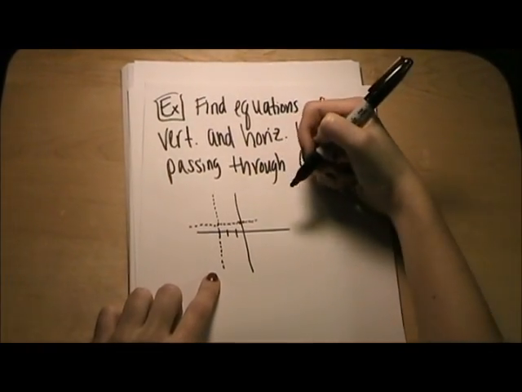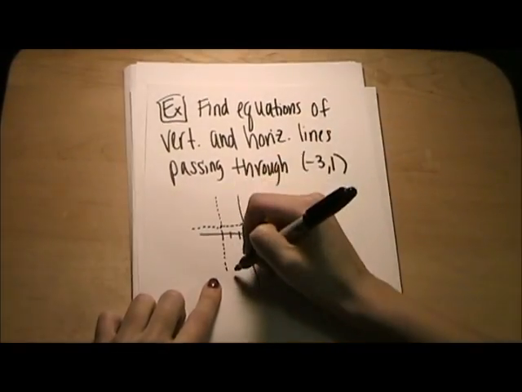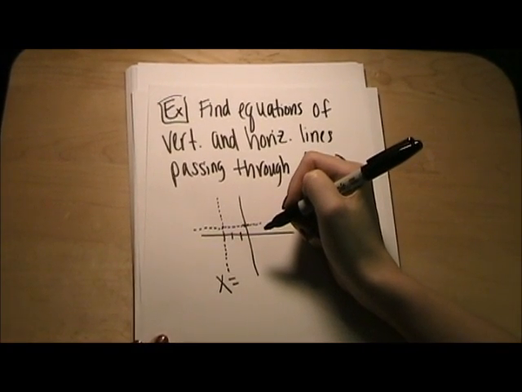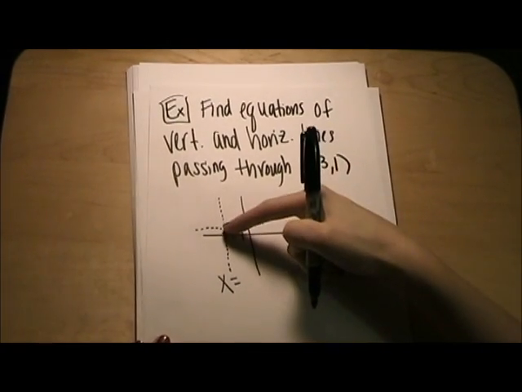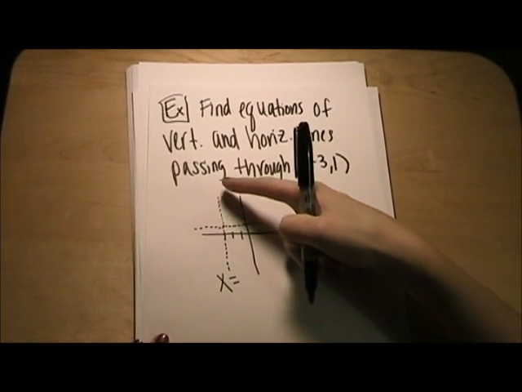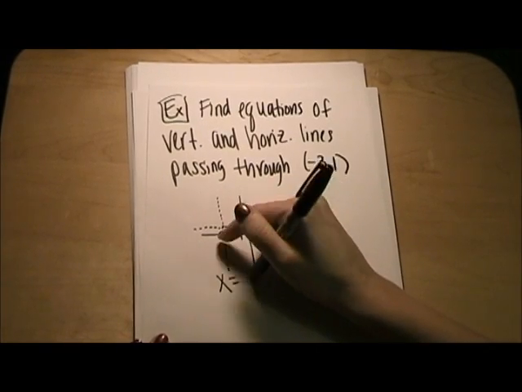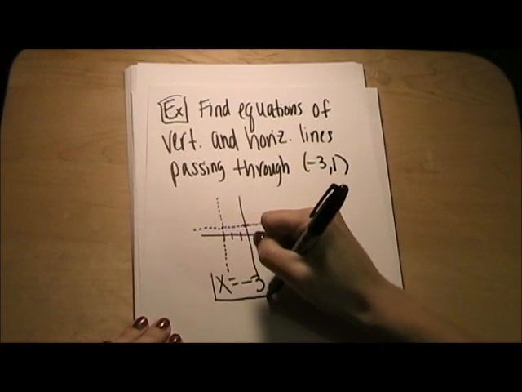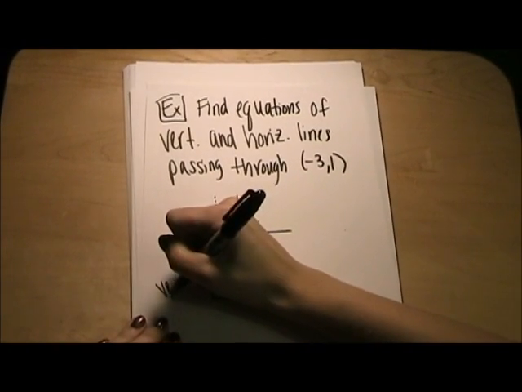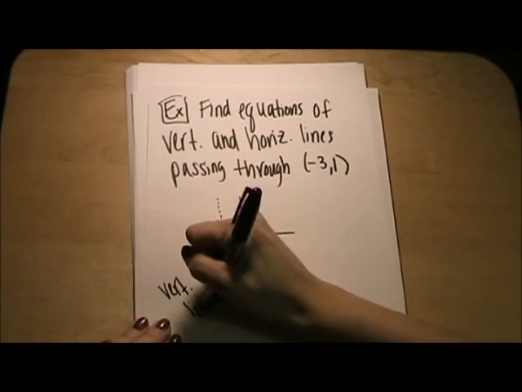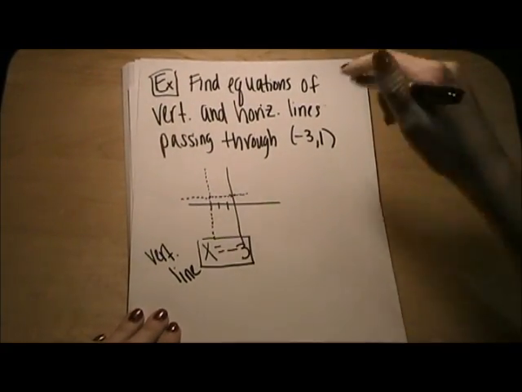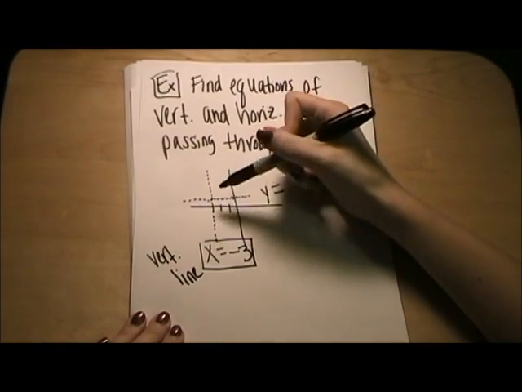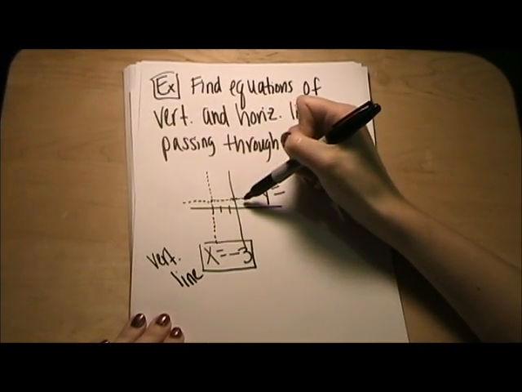So vertical line, excuse me, vertical line we know is x equals the x-intercept, which in this case, if we were to draw a vertical line through -3, 1, we would cross the x-axis at -3. So that would be the equation of the vertical line. The horizontal line we know is y equals wherever it would cross the y-axis.